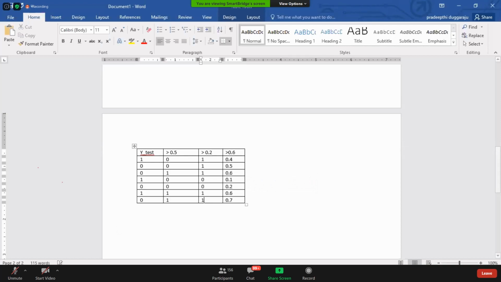It becomes 1. Now here this becomes 0 because 0.4 is less than 0.6. This also 0. This also 0. This is 0. This is 0. This is 0. This is 1. Yes?